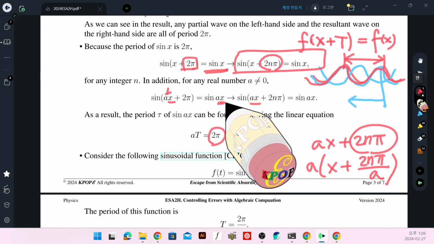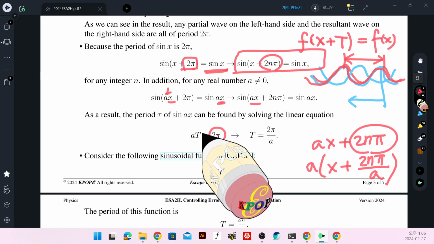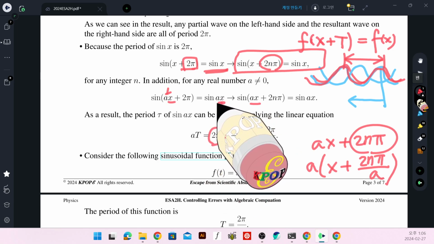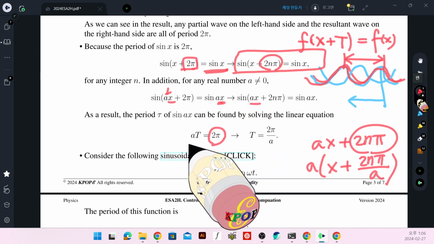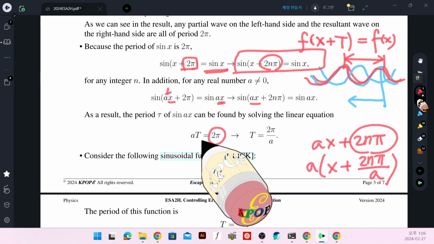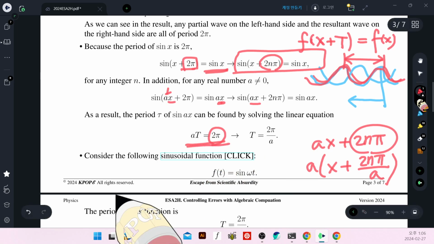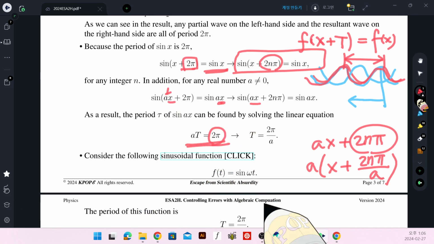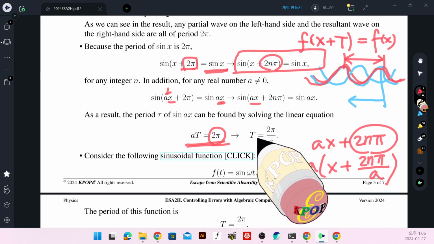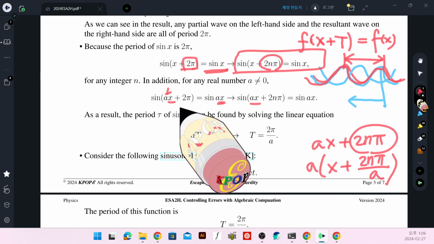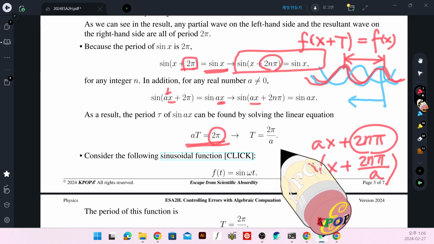So if I shift x by T, then because of this factor, a times T should be equal to the period of the original sine function. As a result, the period of this sine of ax should be 2 pi over a.